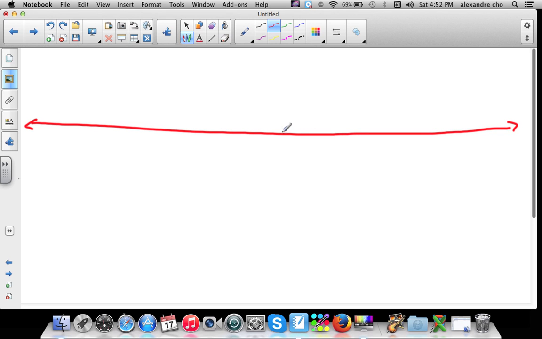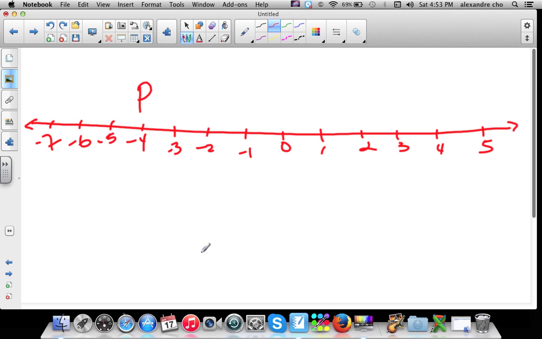And -4, so right. 0, 1, 2, 3, 4, 5, -1, -2, -3, -4, -5, -6, -7. Okay, so it says start with the integer -4 and call it P. So right on top of -4, I'm going to write the letter P.